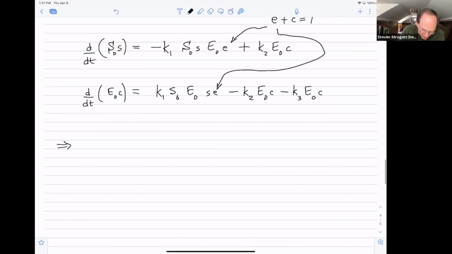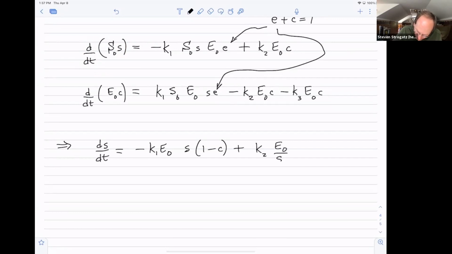So we get d little s dt is minus k1 E0 S, then replacing the little e, I'll call it 1 minus c, plus k2 E0 over S0, little c.